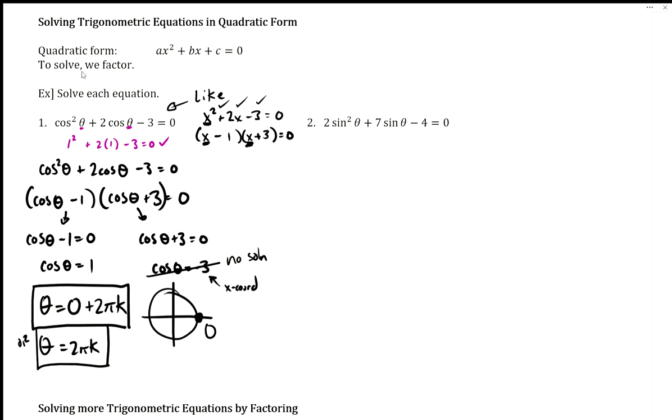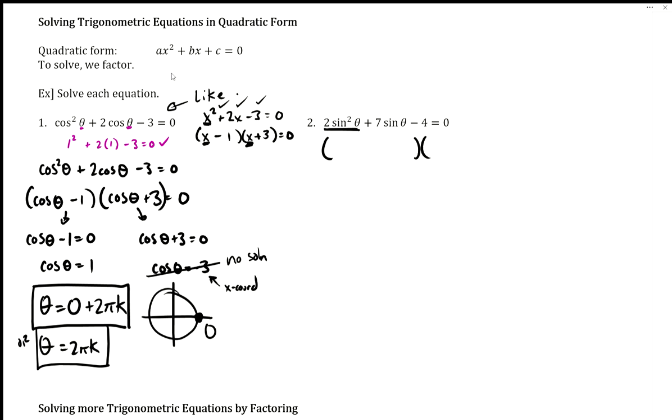All right, number 2. Now, you could set it up in a similar way that we did in this first one. However, I'm going to try to do this without an x. I'm just going to say, how about we try to use the trig functions on their own? So I'm still focusing on this. It has 3 terms, and I see a squared variable, and I see a non-squared one. So that means it should factor into 2 binomials.